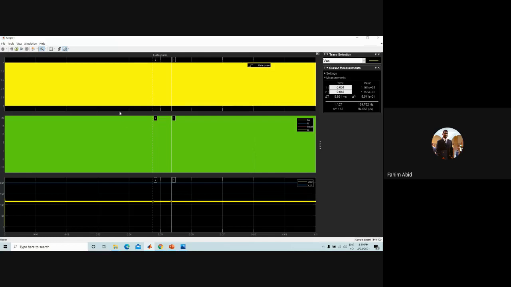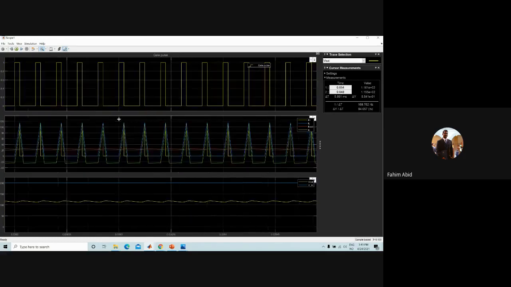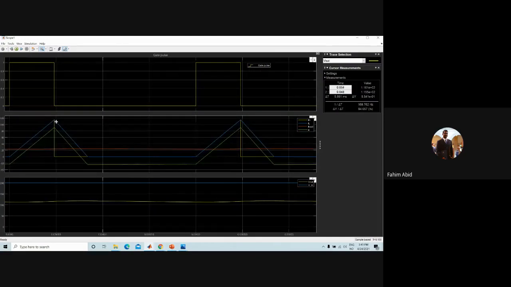Our inductor current will not be continuous anymore. As the inductance value is now low, it cannot hold the current anymore. The higher the inductance, the more it opposes the change in the current.